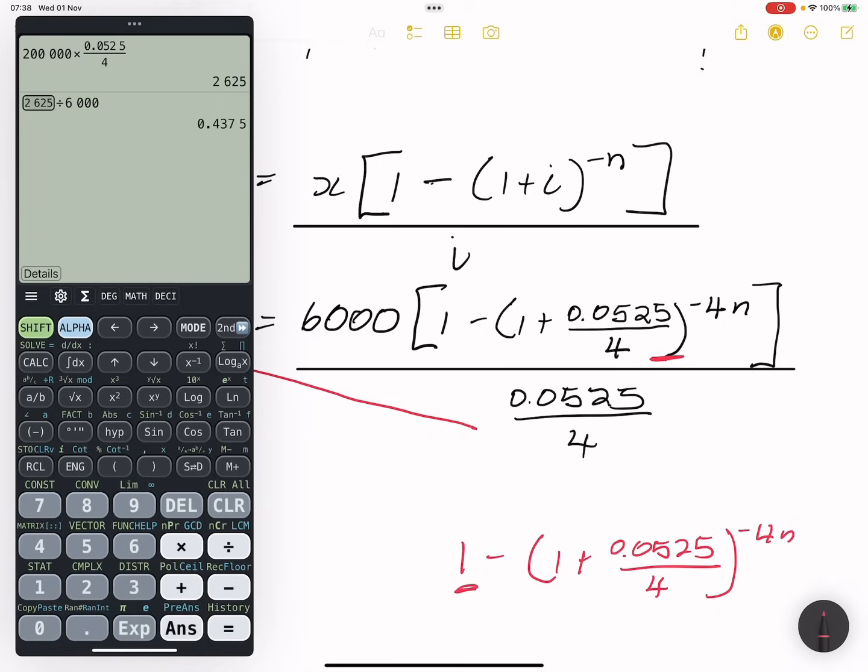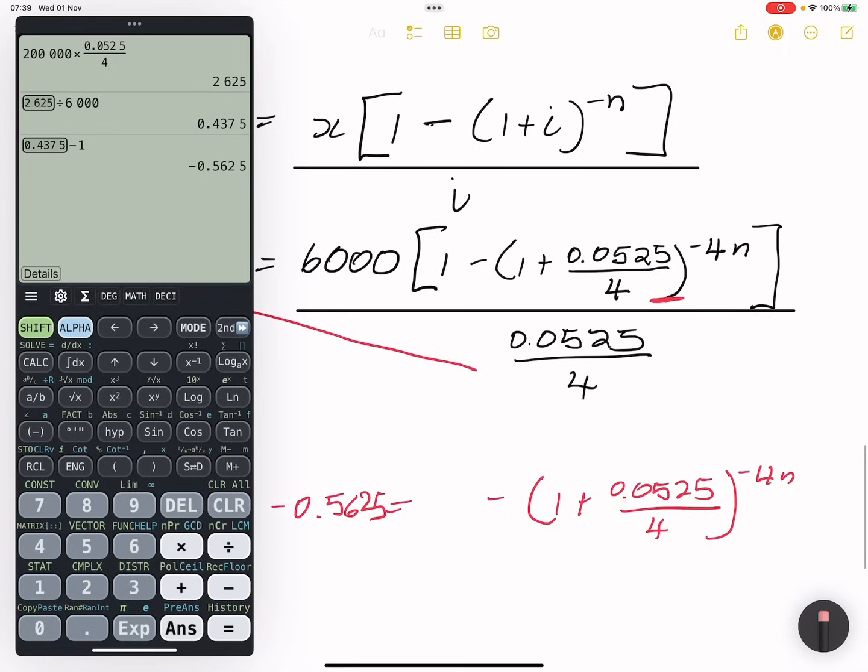Now, of course, I'm going to take this 1 to the other side. And remember, when I take the 1 to the other side, it becomes negative. So I'm going to say minus 1. I get minus 0.5625, if I've removed this 1 here.